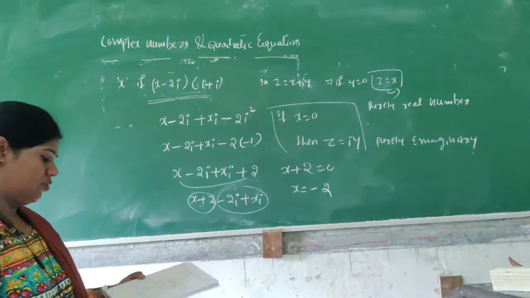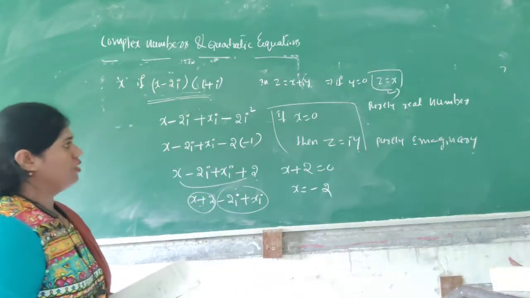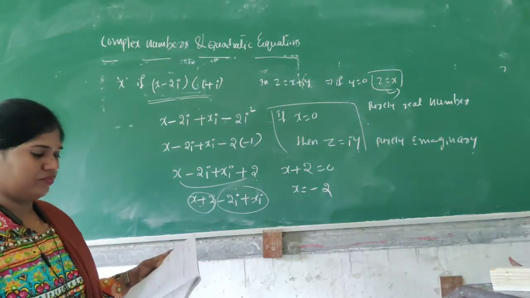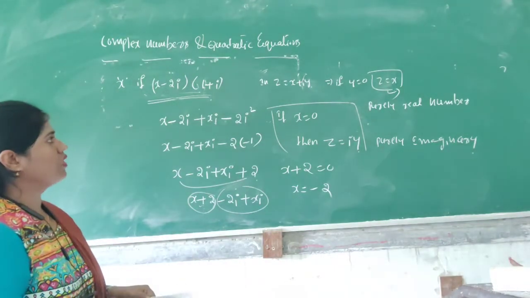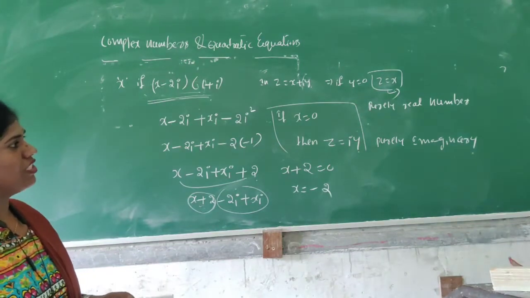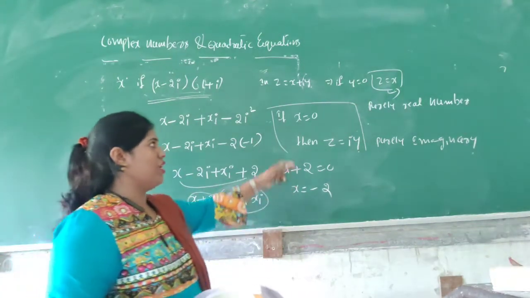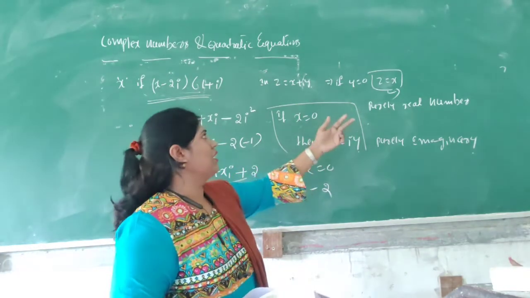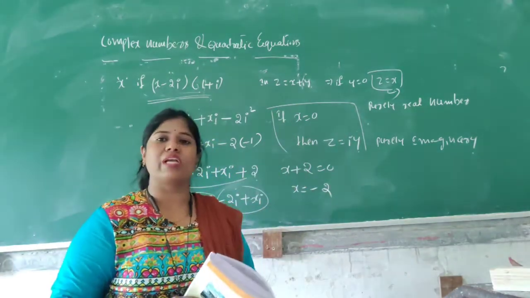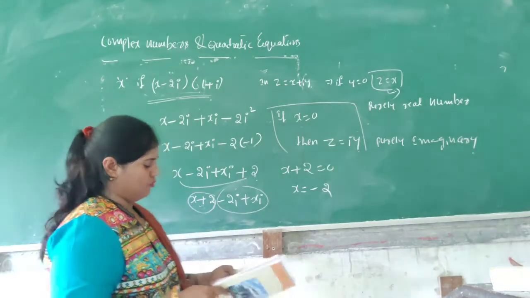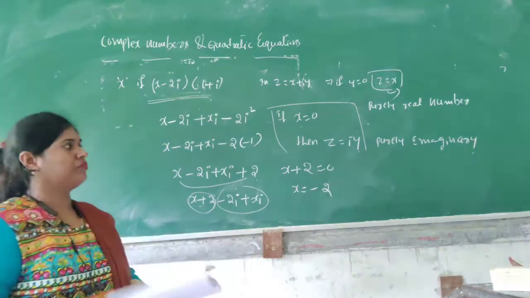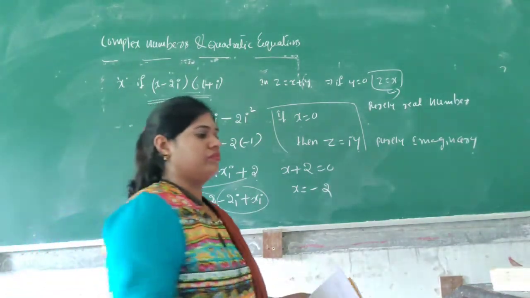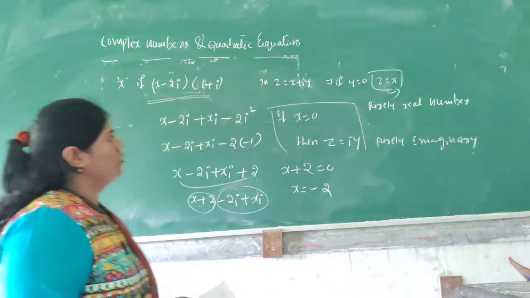The answer is x is equal to minus 2. Because it is purely imaginary, we have to take the real part as 0. If it is a purely real number, we have to substitute y is equal to 0.